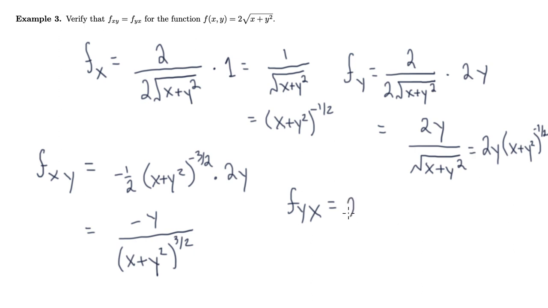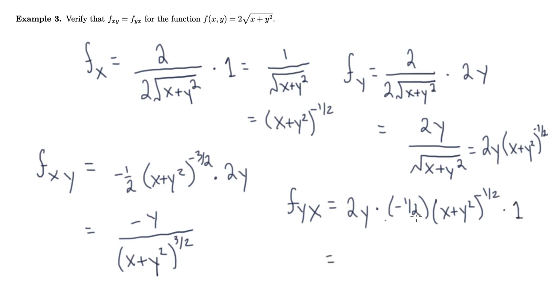So we have 2y times, we bring down the negative 1/2, and then we have x plus y squared to the negative 1/2, and then we multiply by the derivative of the inside with respect to x, which is just 1.